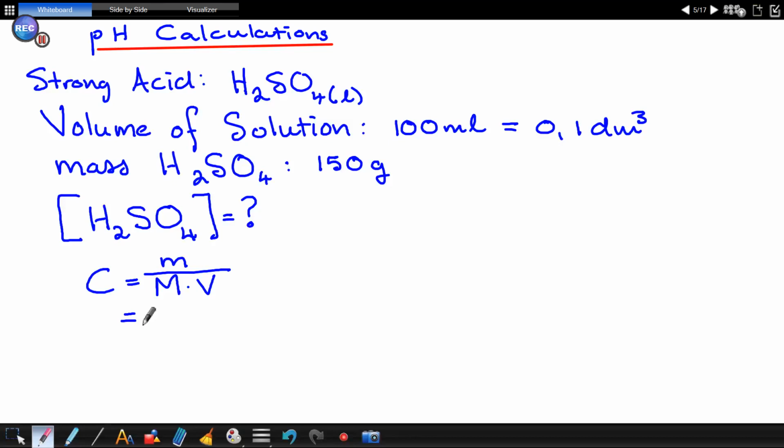What is the concentration of the sulfuric acid? So the mass you said I must use is 150 grams. The molar mass of sulfuric acid is twice 1 plus 32 plus 64, which is 98. And the volume you said is 0.1. 15.31.